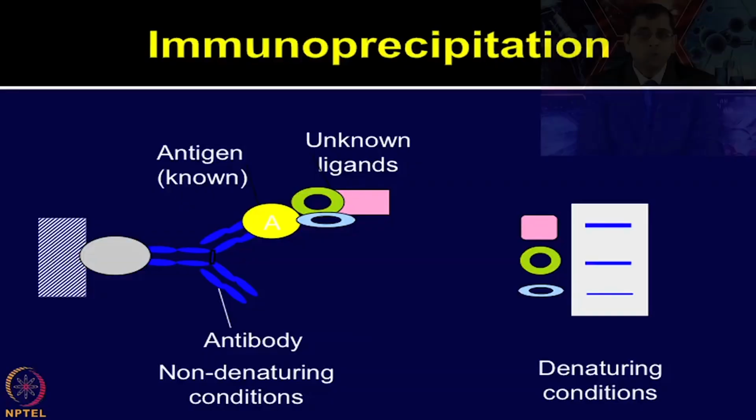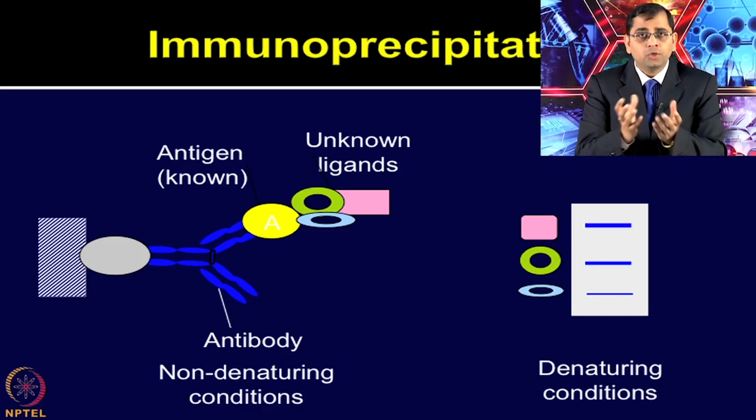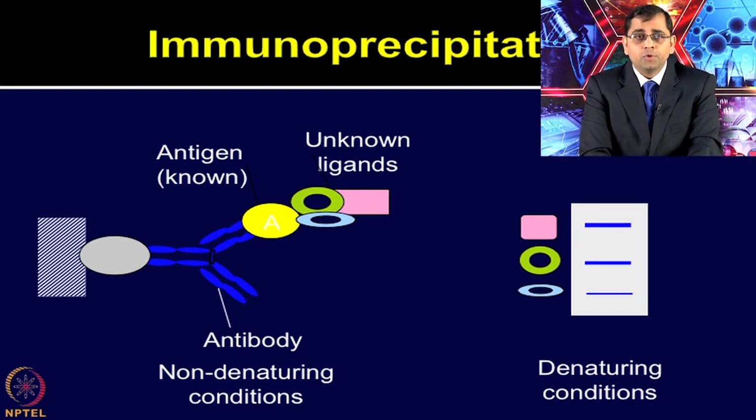In the IP method, the antibody specific to the bait is added to the whole cell extract, which forms the complex. Remember, this step is performed in native or non-denaturing conditions. The protein-protein complex is immobilized on protein A or protein G Sepharose beads. The protein complex is eluted and further analyzed on SDS-PAGE gels.